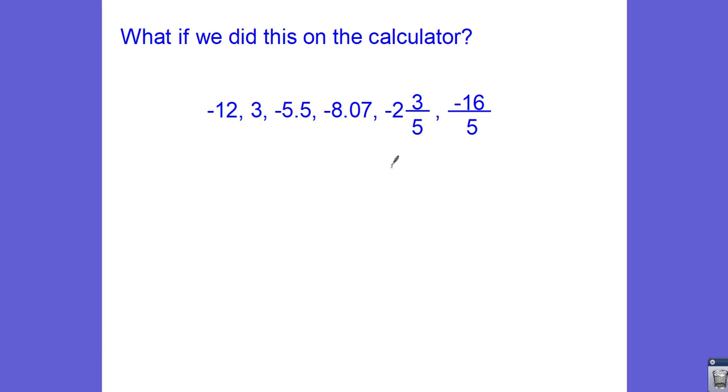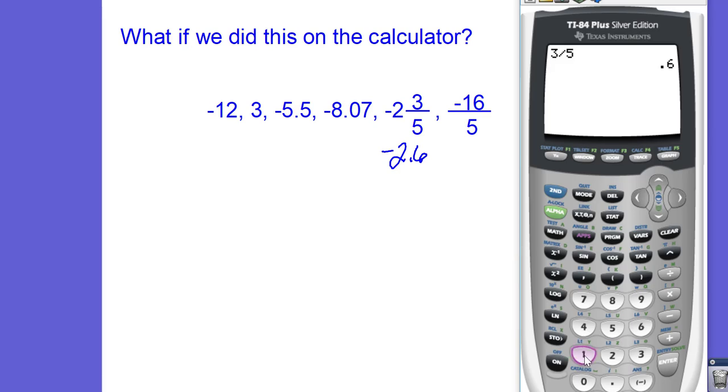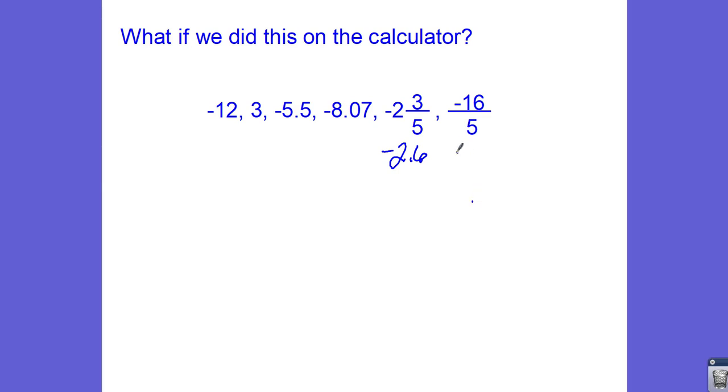So this one right here would actually be represented as -2.6. And we would do the same thing with 16/5. So we type in 16 divided by 5, hit enter, and we end up with 3.2. So in this particular problem, it's going to be -3.2 because it has a negative sign.